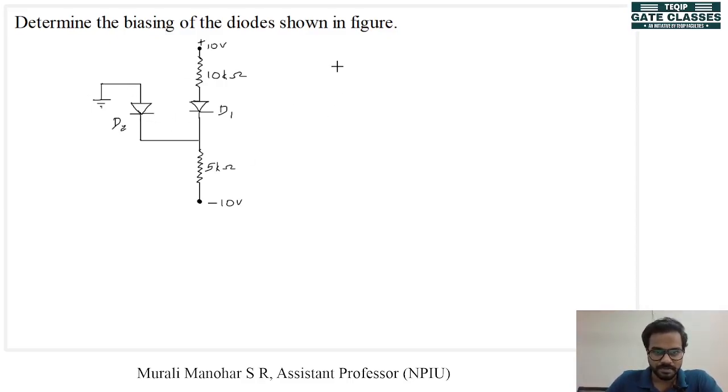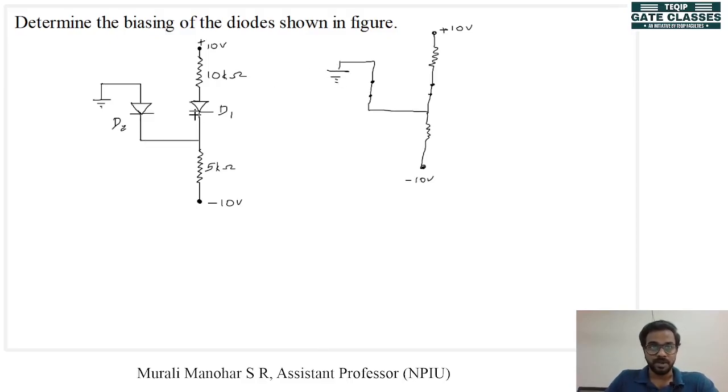Okay, so let's see what happens. Now this is short circuited. We have our diode, this short circuited, resistance. Here we have minus 10 volt, here we have plus 10 volt, and here we have our ground.